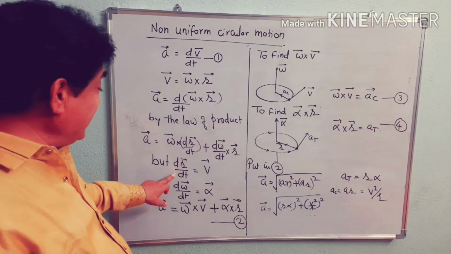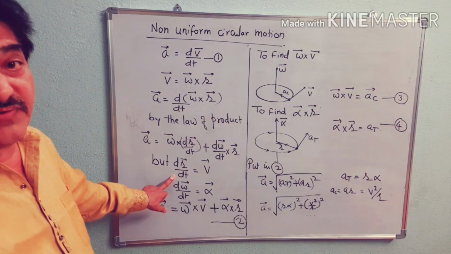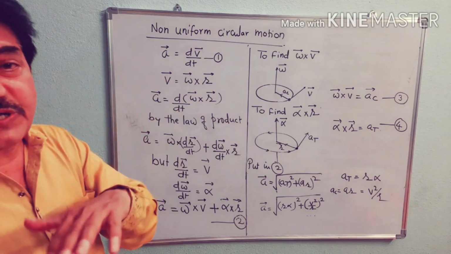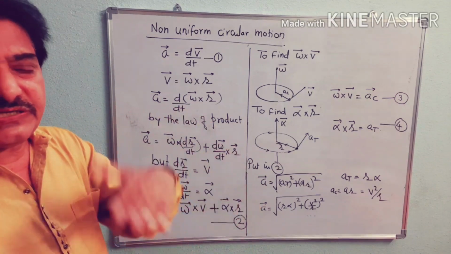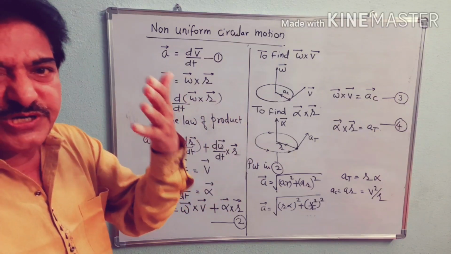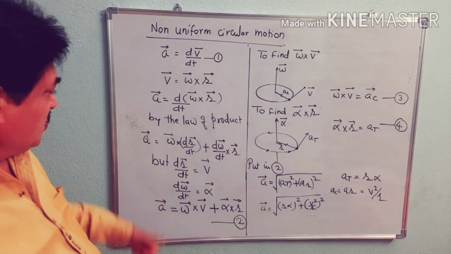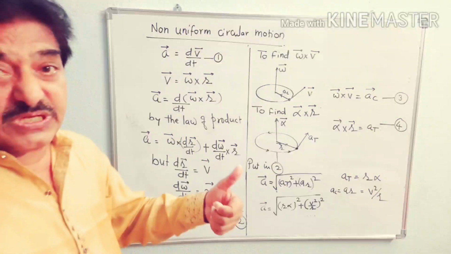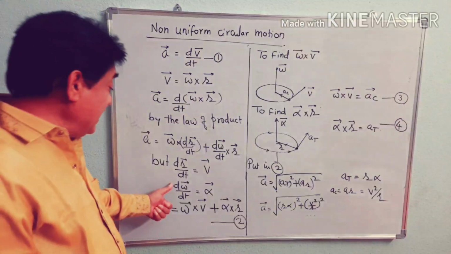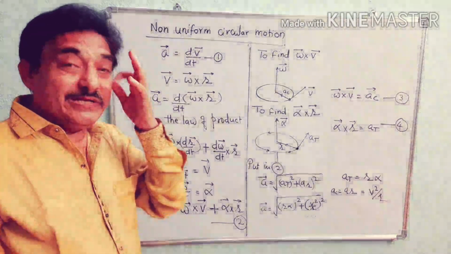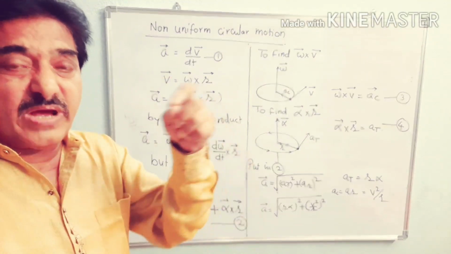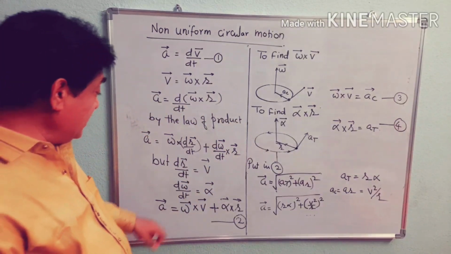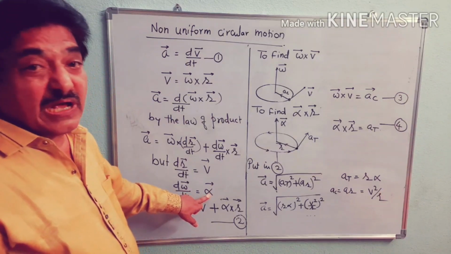But dr by dt is the rate of change of position vector with respect to time. Position vector gives the displacement, and the rate of change of displacement gives the velocity. So dr by dt gives the velocity, and d omega by dt, the rate of change of angular velocity with respect to time, is called angular acceleration alpha.